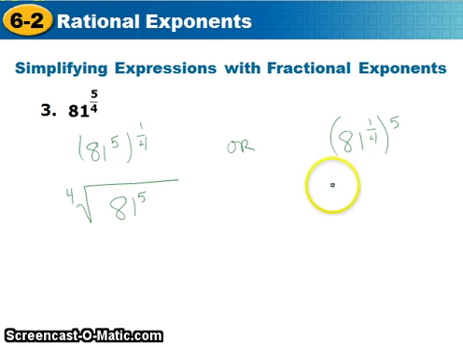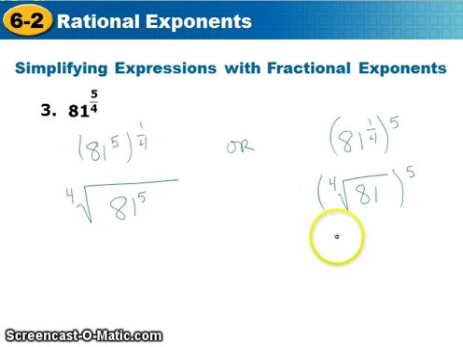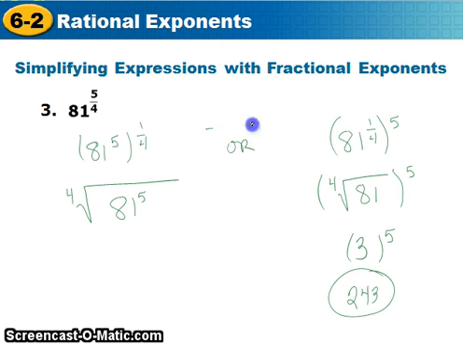So I might prefer to use this option where I take the 4th root of 81 first, and then I raise whatever number I get there to the 5th power. So the 4th root of 81 is 3, and I'm going to raise that to the 5th power, which is 243. So you want to think about your options when you start a problem and choose what makes the most sense for you.